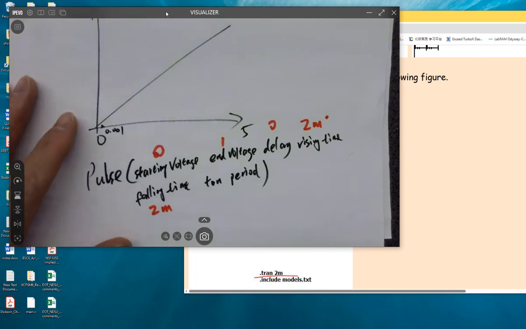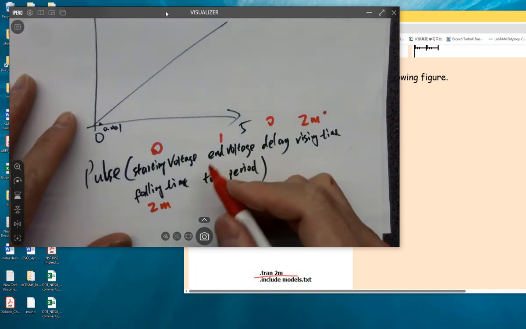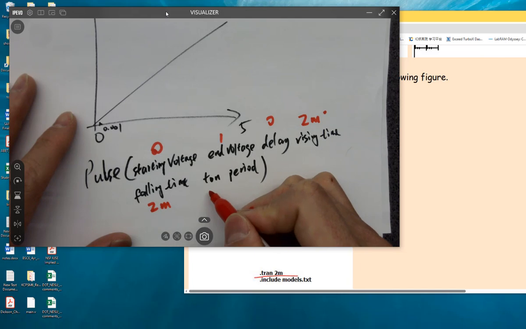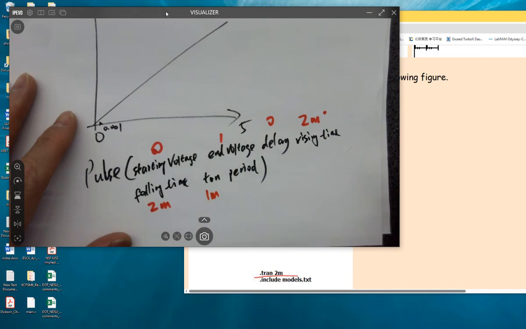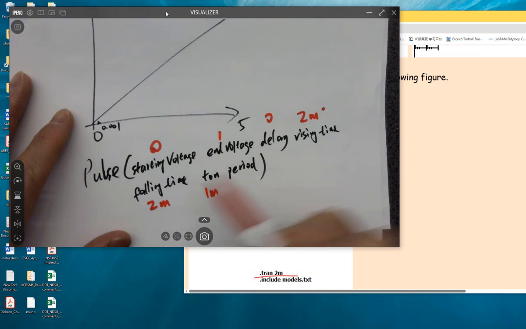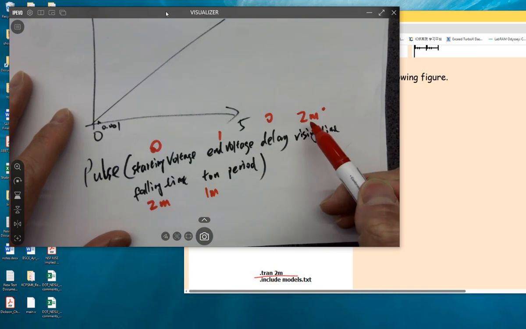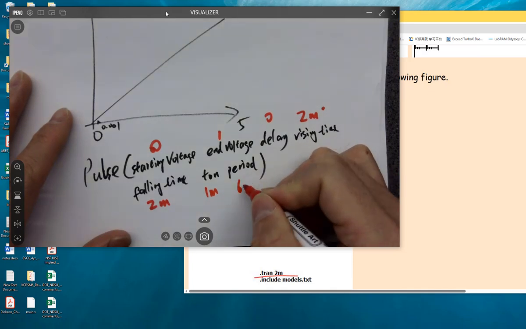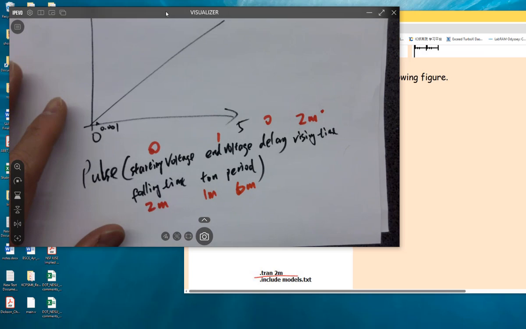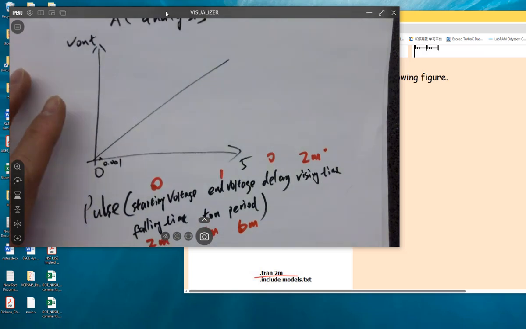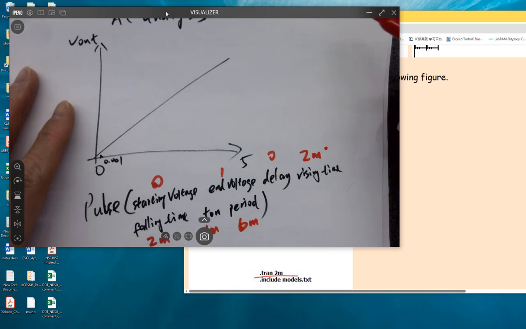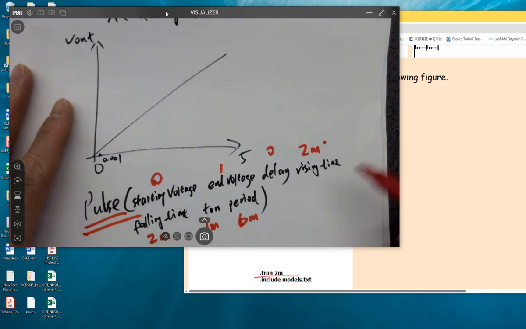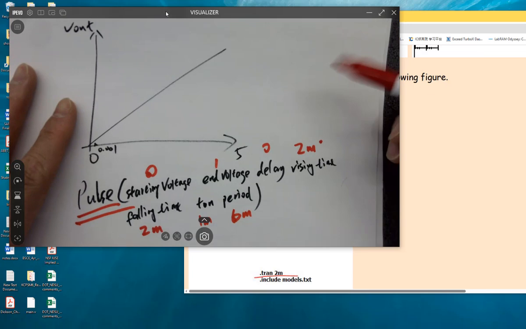T on doesn't matter, let's say 1 millisecond. Period: you have a rising edge, falling edge, and T on, so in total it's already 5 milliseconds. Let's make it 6 milliseconds. It's going to form a square wave or triangle wave. It's a pulse, but because we make the rising edge so long, it looks like this.